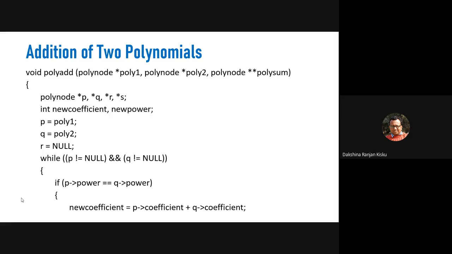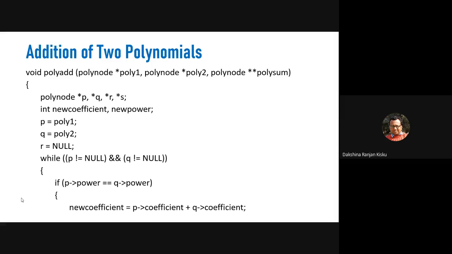That means if the exponent is found to be equal, then we will add the coefficient part of the first non-zero term of the first polynomial and the first non-zero term of the second polynomial. Both the coefficients will be added, and this sum will be assigned to the new coefficient.